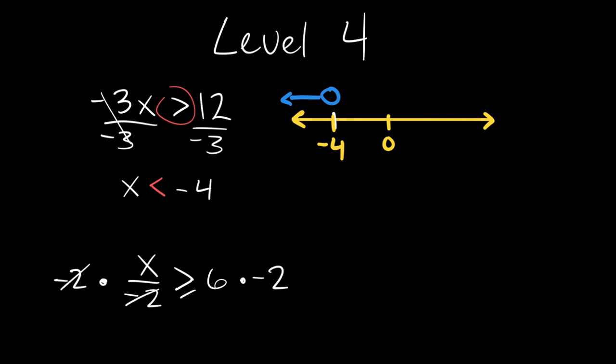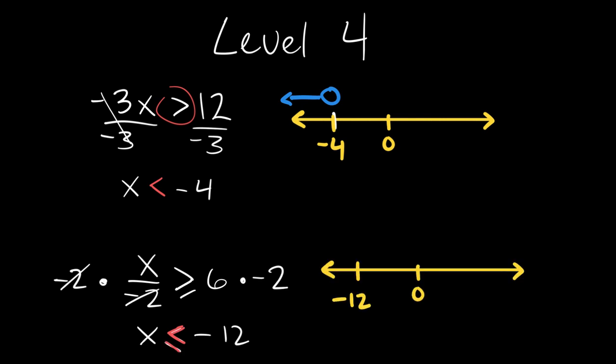Times -2, we get x, and on the right-hand side, we get -12. But because we multiplied by a negative, you have to switch the direction of the inequality. That is the step that students will miss. And of course, we'd have our graph. We'd start at -12 and also include -12, so that's going to be a colored in dot. And since it's smaller than -12, we go in that direction.